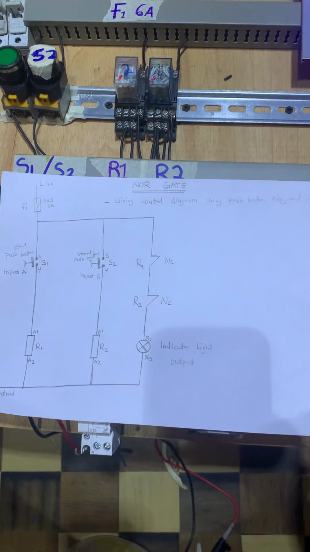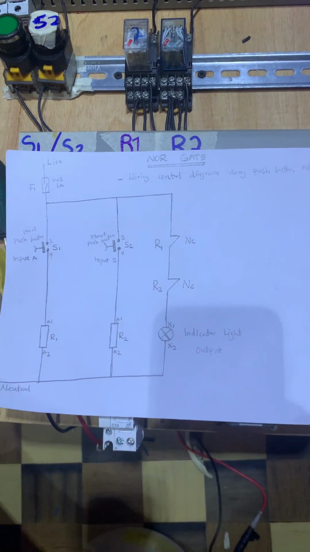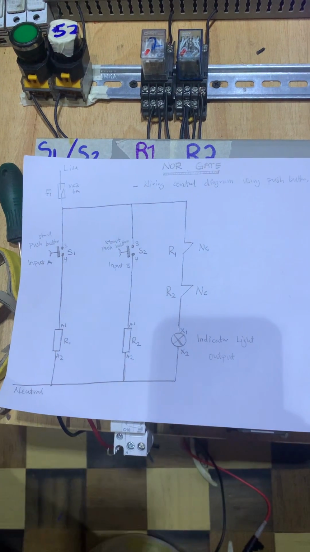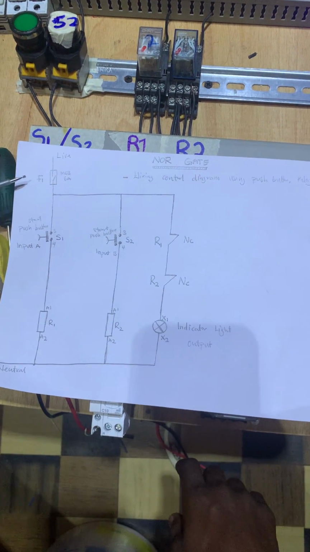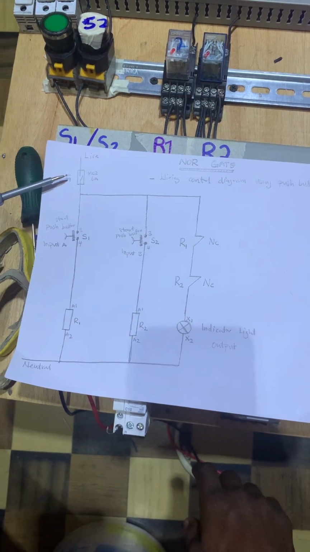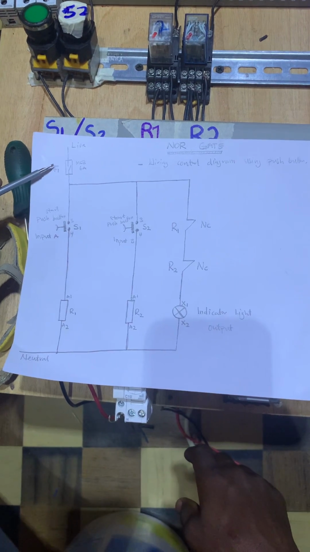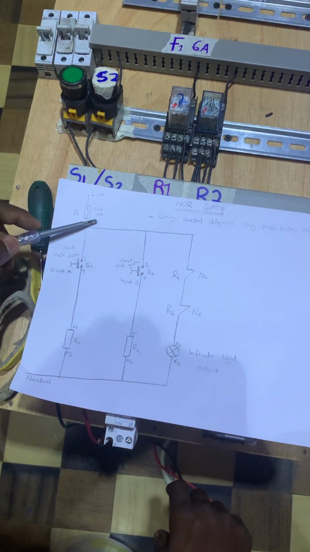So this is the wiring control diagram using push buttons, relays, and an indicator. I made this diagram myself. So we have the live line here and the control breaker, which is F1, the identifier here is fuse 1, F1, and it is an MCB of 6 amps.